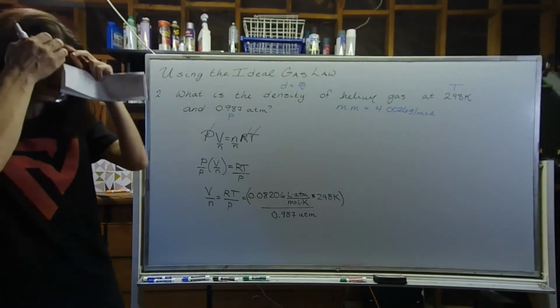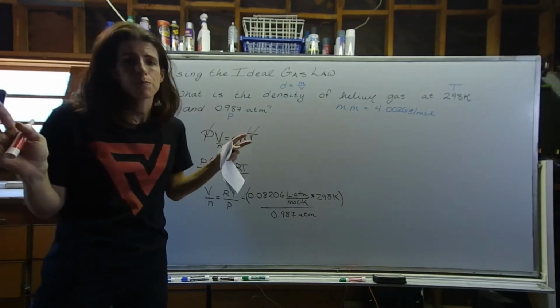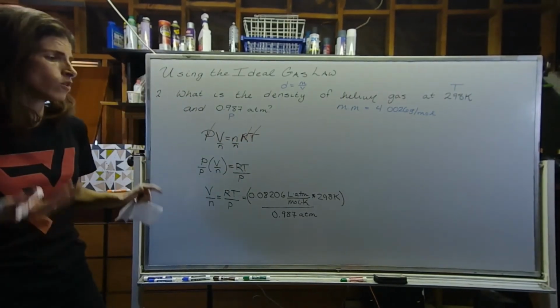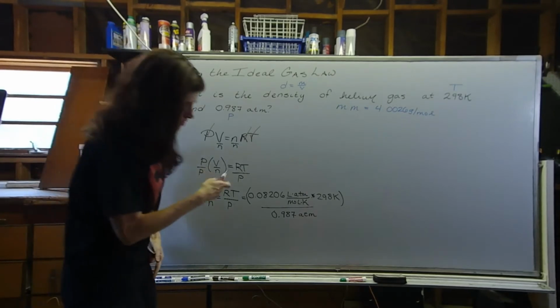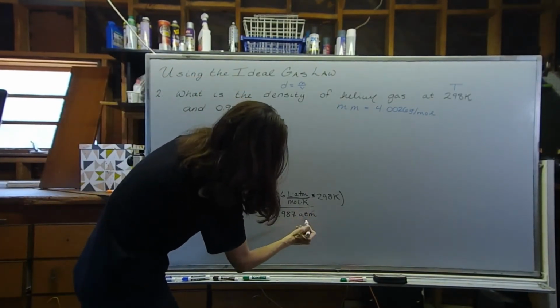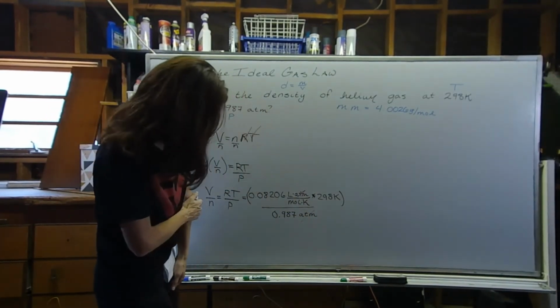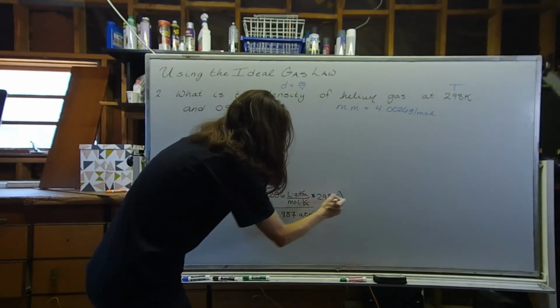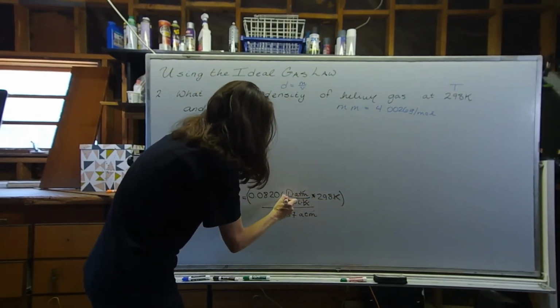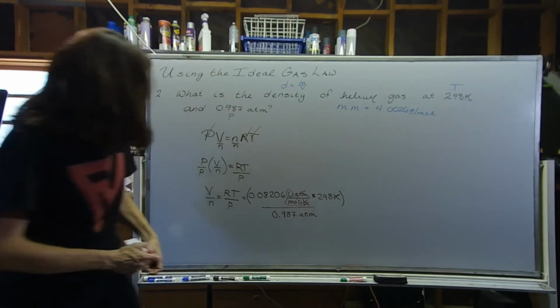My approach to pretty much every single science problem works because I always follow my units. So let's continue to do that. Atmospheres will cancel atmospheres, and Kelvin will cancel Kelvin, and then we're left with units of liters over moles.